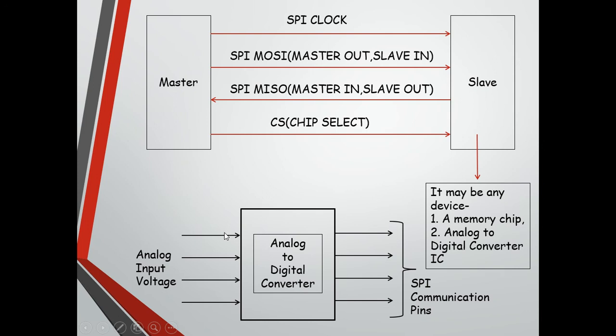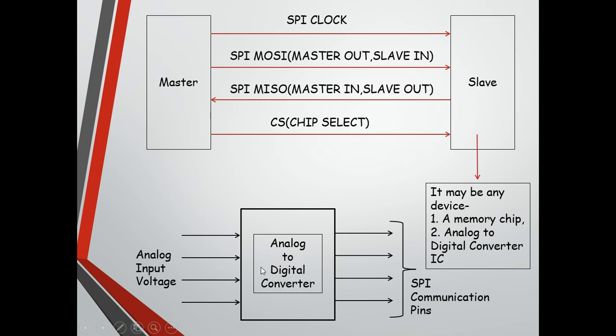This IC will convert this analog data into the digital domain, and on the SPI bus it will send data to the master device. So a master device can communicate with an analog to digital converter IC with SPI protocol.